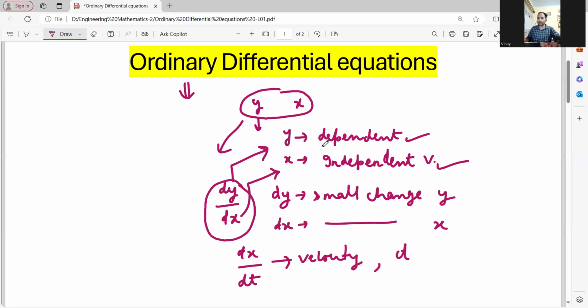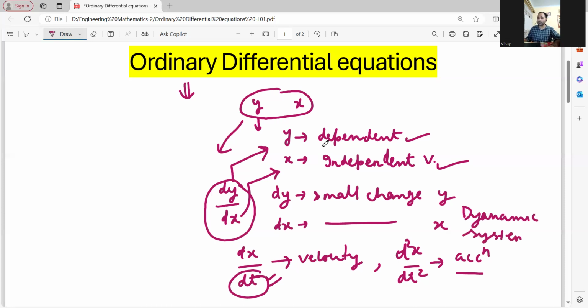And again, if you define a higher order derivative, you differentiate it again, then you'll have d2x by dt square. This again defines acceleration. All right. Whenever a system changes with respect to time, we define it as a dynamical system or dynamic system. Okay. So this is what we study with the help of ordinary differential equations.